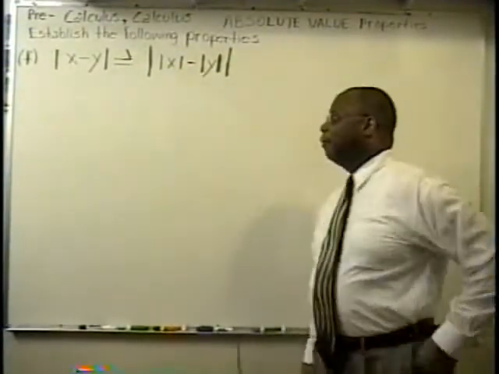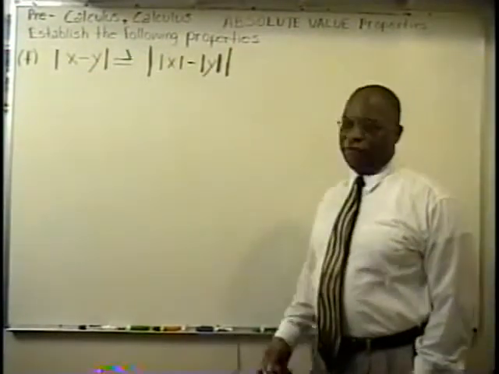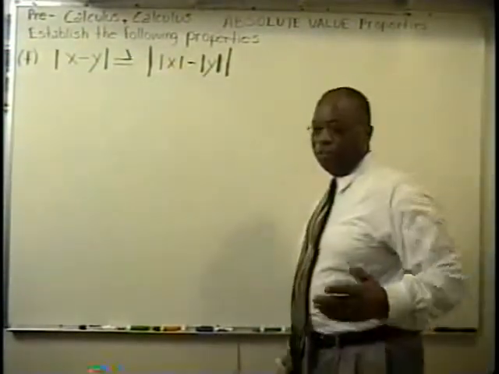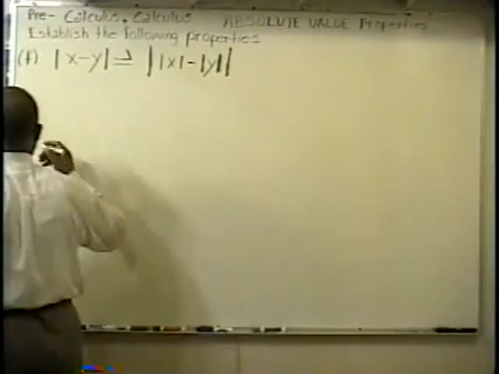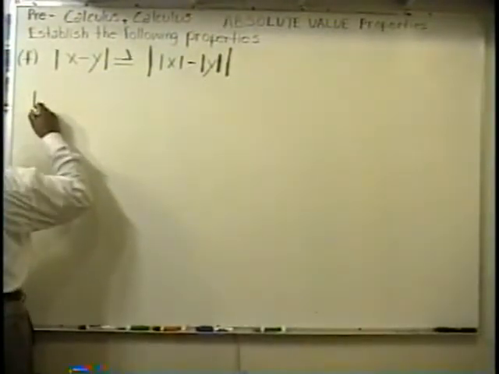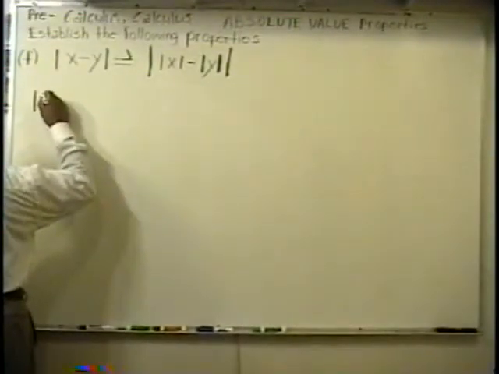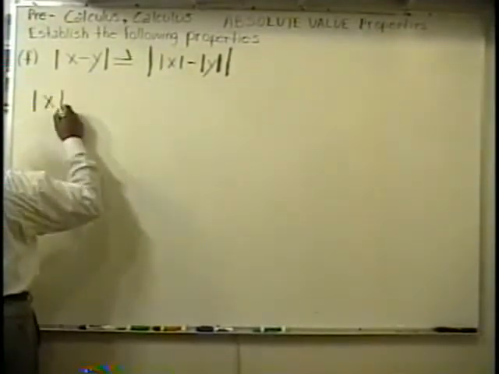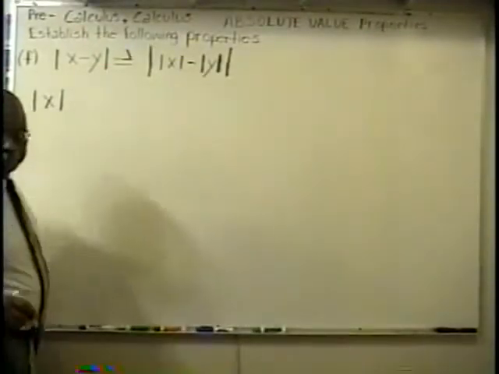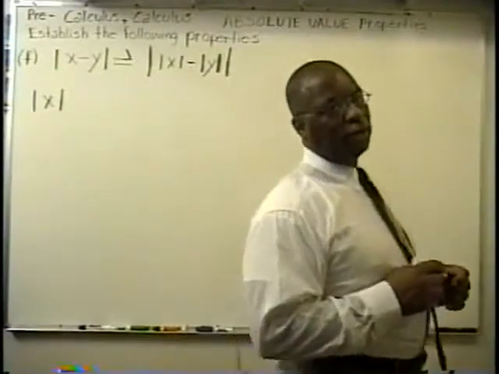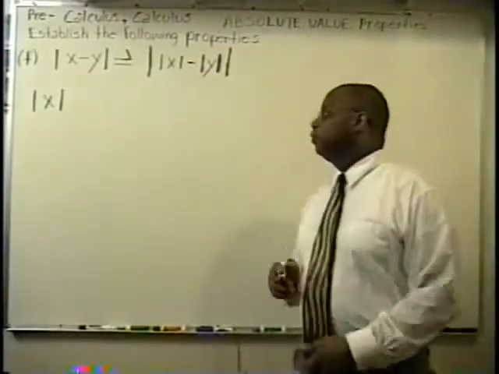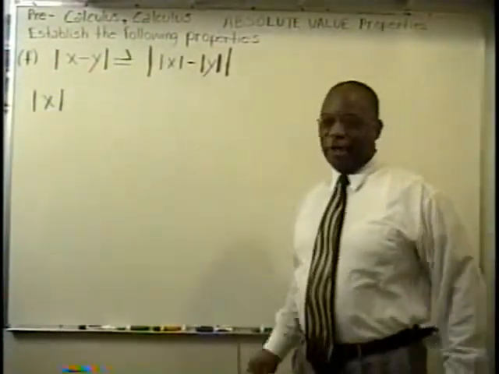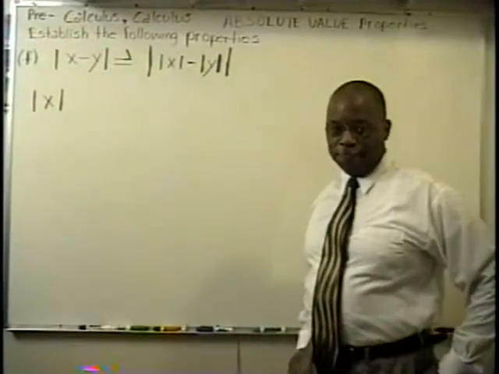Let's begin step by step. The first part of proving this is we're simply going to start out with the absolute value of x as the beginning of our mathematical trick. Now, the next step, I'm going to add 0.